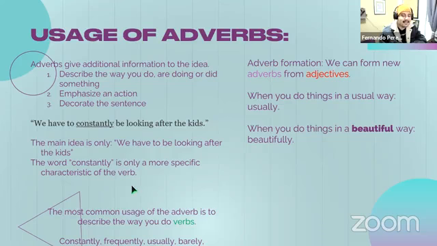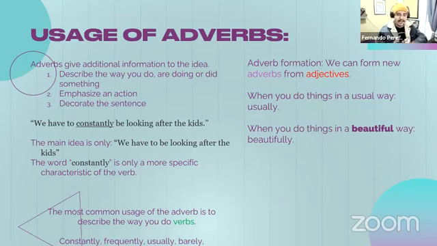Technically, the main idea is only we have to be looking after the kids. And it's not necessary to say the rest. This constantly word, right, is a little emphasis on what we are saying. It's additional information, etc.